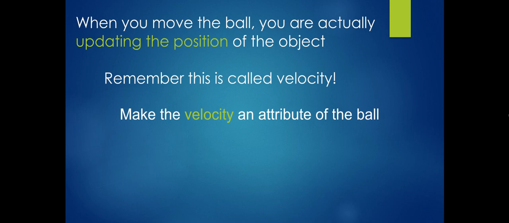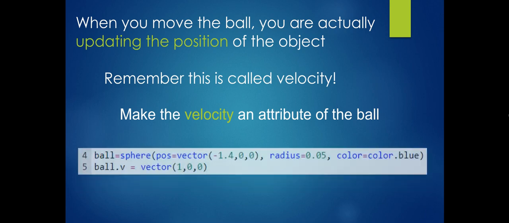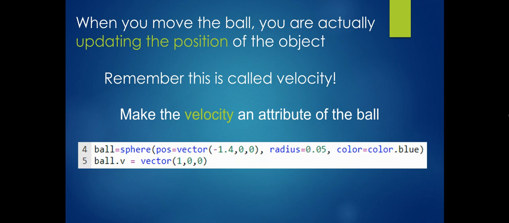Remember, an attribute is just a property of our objects, so we can change some things about it, and velocity is one of those things. To do this, we're going to call it ball.v. We have named our sphere ball, and so ball.v is representing the velocity of the ball.